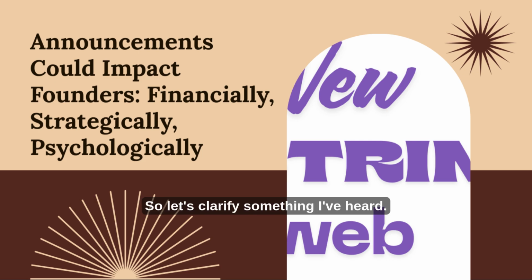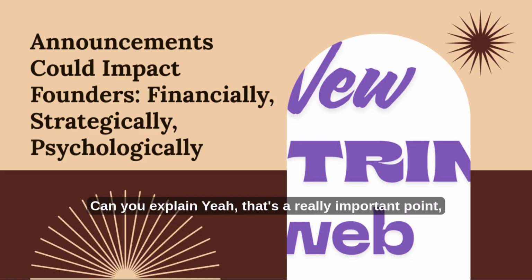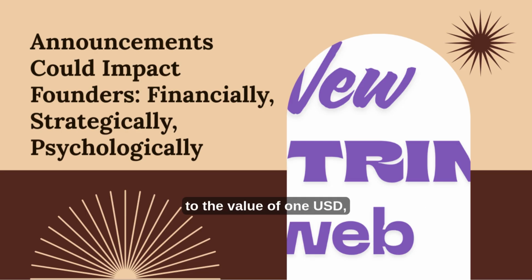So let's clarify something I've heard. People often say one credit equals one USD. But you're saying it's not actually a dollar. Can you explain that difference? Yeah, that's a really important point, and it does cause some confusion sometimes. While one credit might be pegged or referenced to the value of one USD, mostly for pricing consistency, it's absolutely not a dollar itself.